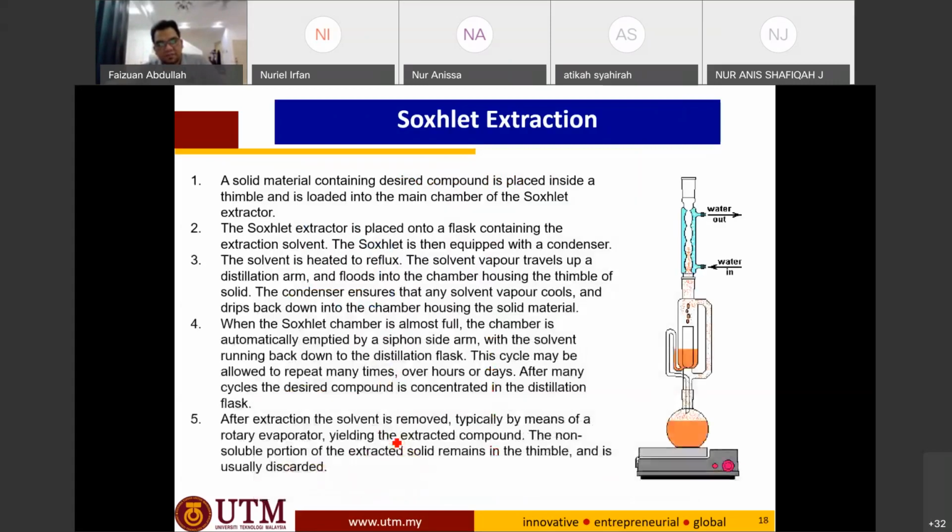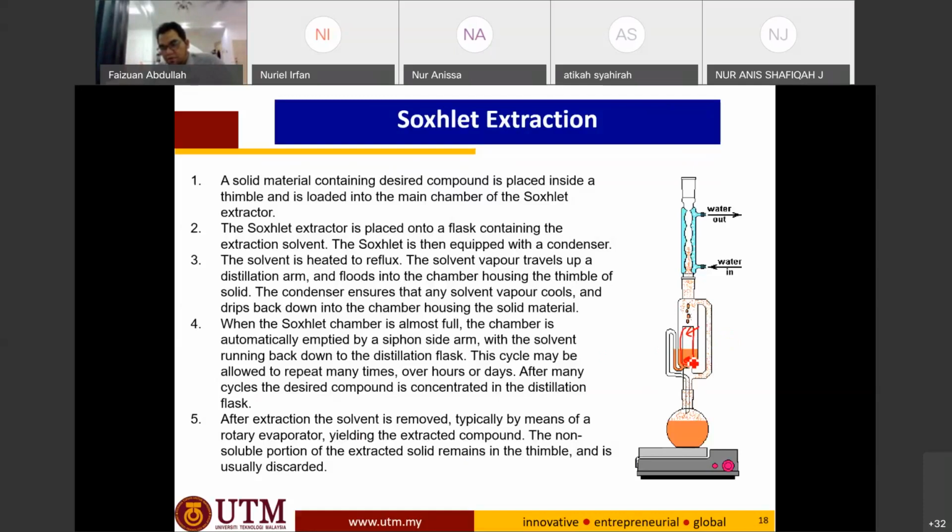A solid material containing the desired compound is placed inside a thimble and is loaded into the main chamber of the Soxhlet extractor. Right, so where to put our sample is inside here. What is this thing? Is it a test tube? No. This thing is normally made of paper, all right, that does not react with the solvent and acts as a filter, right?